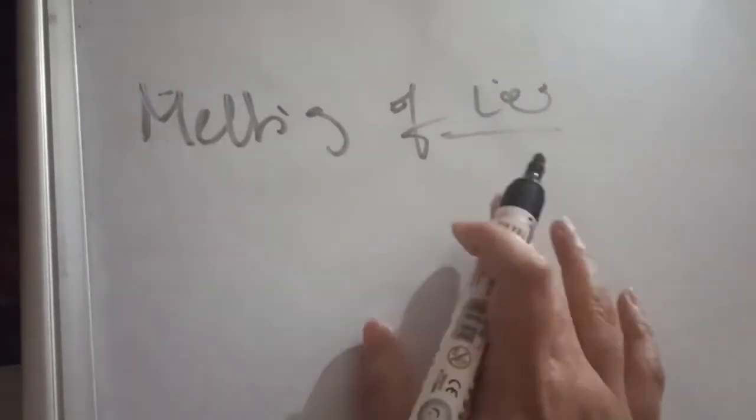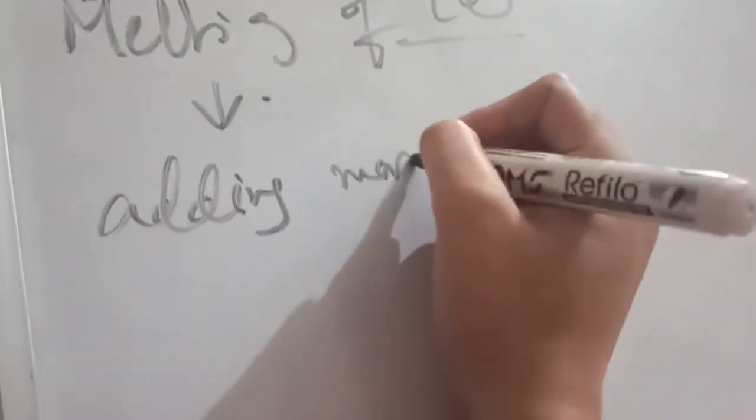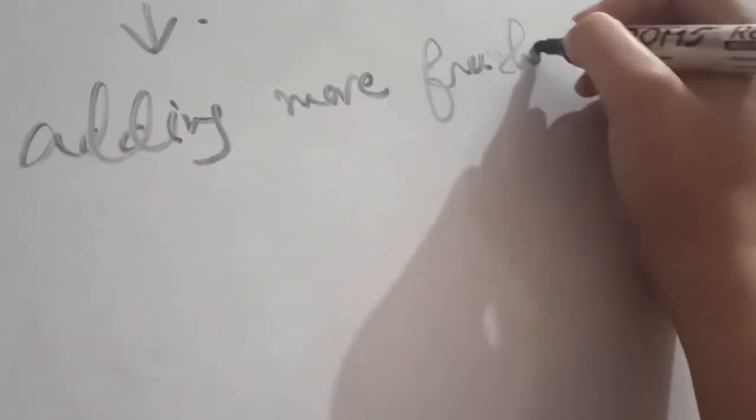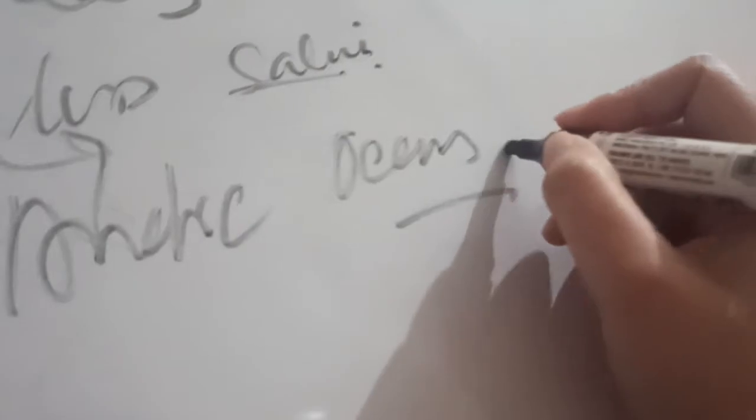Next is the melting of the ice. Melting of the ice means it is adding more fresh water to the oceans, making the water less saline. Because of this reason, in the Arctic Ocean region, where the adding of fresh water is much prevalent because of the melting of ice, the water of the Arctic Ocean is less saline.